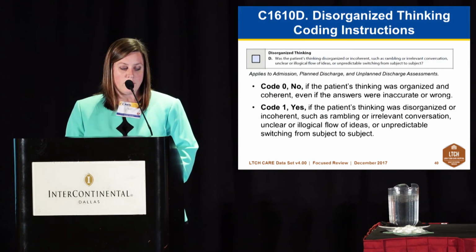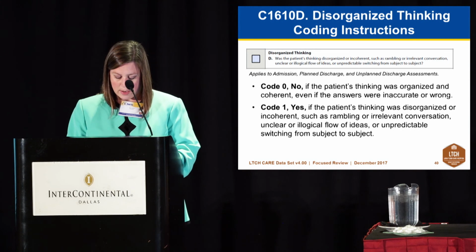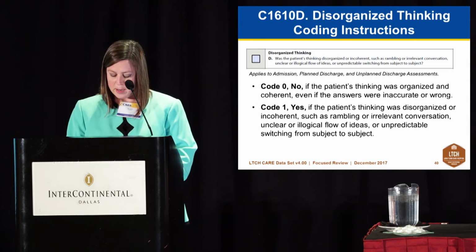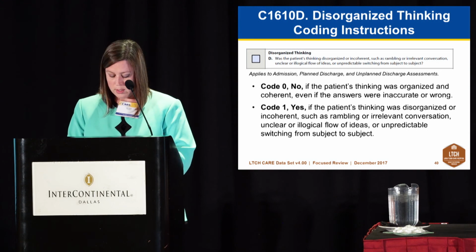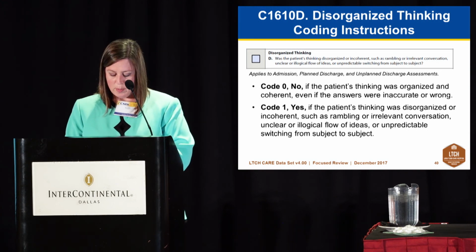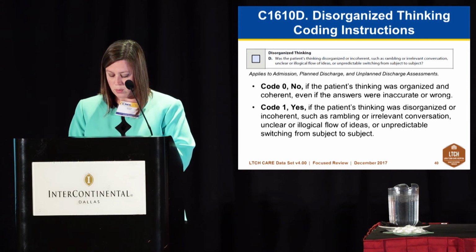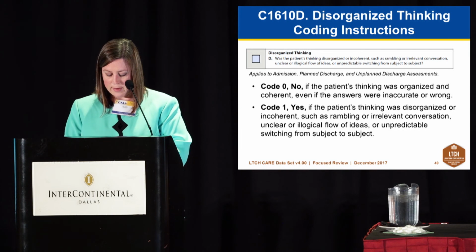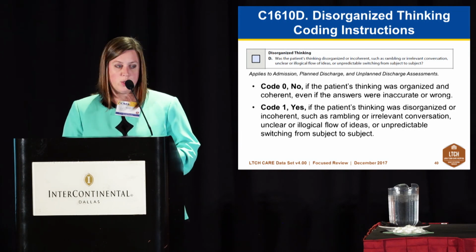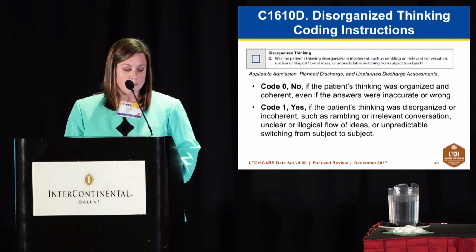For the coding of D, we code 0, no, if the patient's thinking was organized and coherent, even if the answers were inaccurate or wrong. And code 1, yes, if the patient's thinking was disorganized or incoherent, such as rambling or irrelevant conversation, unclear or illogical flow of ideas, or unpredictable switching from subject to subject.